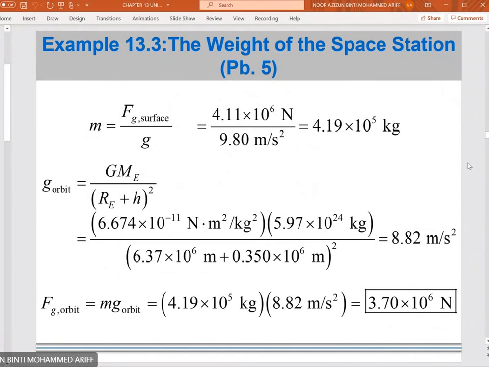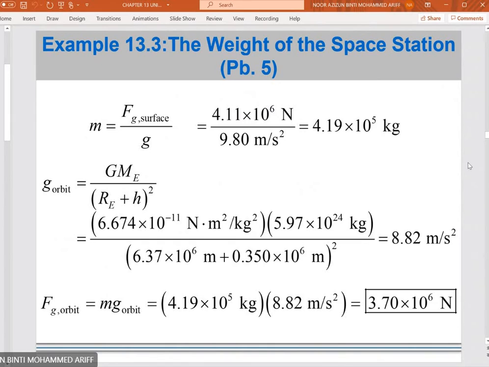Okay, 13.6 in your textbook regarding the planetary motion. Where is the page? This one.